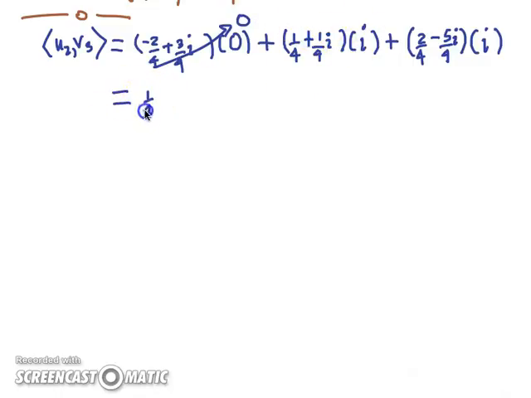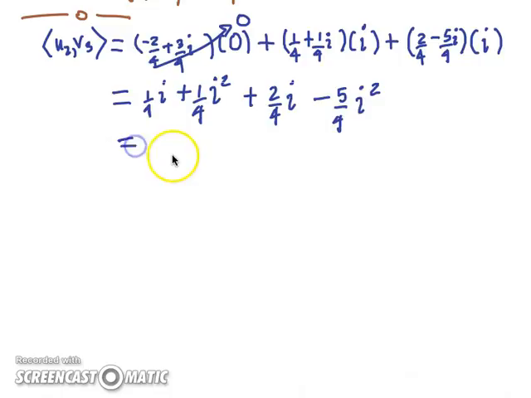This is 1/4 times i plus 1/4 times i² plus 2/4 times i minus 5/4 times i². We can see that these i² terms, this becomes -1, this is -1/4, and this is positive 5/4.